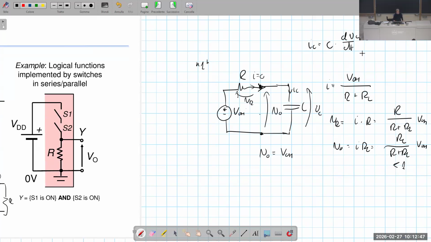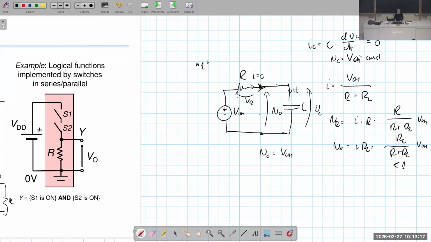So if we are in static conditions, if we don't care about variations, VC is a constant. Maybe VC is equal to VOH and is constant. The derivative of a constant is 0. So the current flowing through the gate is 0.